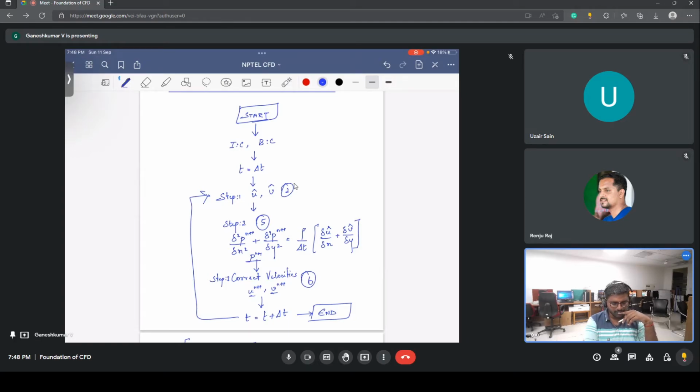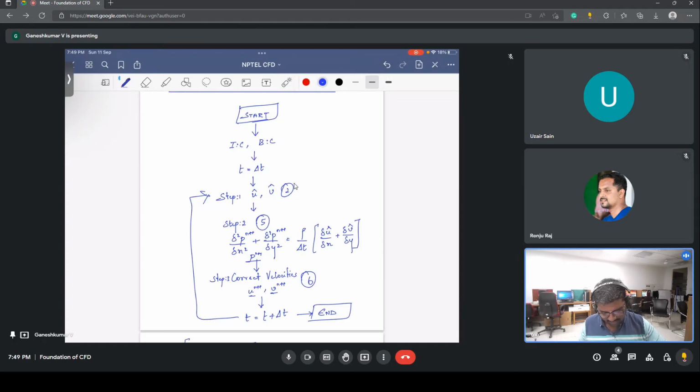They use either Richo interpolation or a few more advanced algorithms that have come. Usually they will predict the velocity, use the pressure Poisson equation, and correct the velocity.